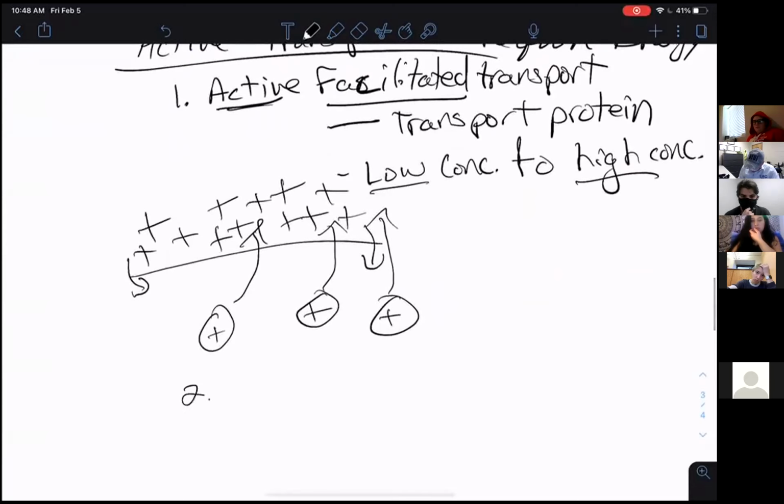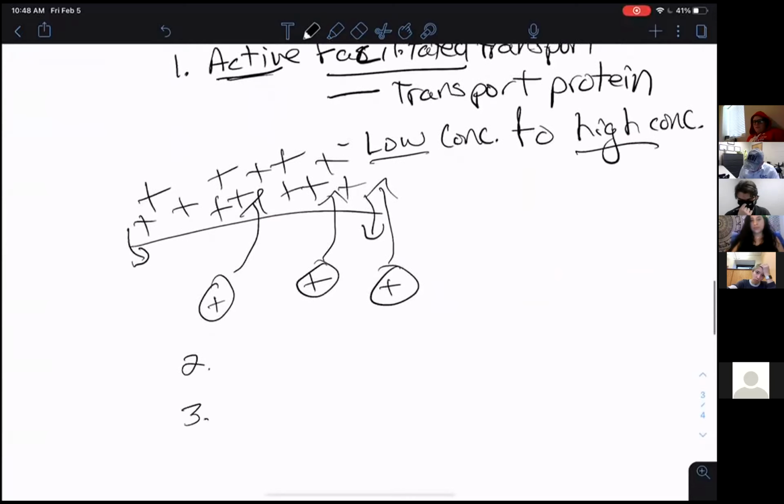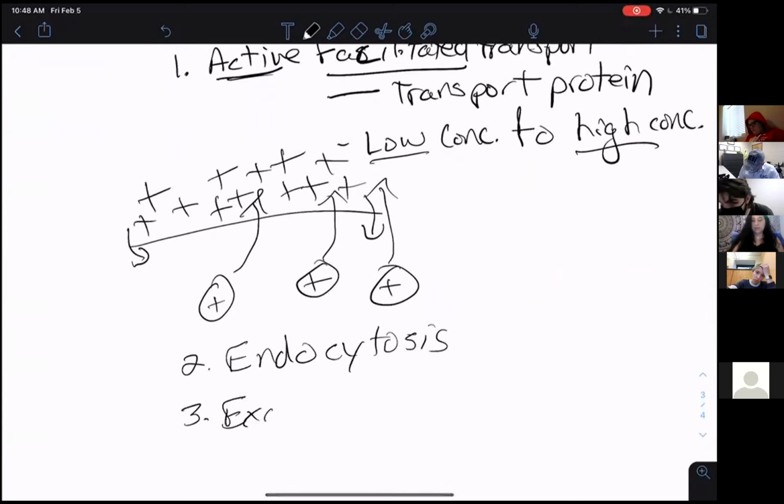There are two other ways, but they're very similar in their process. They're called endocytosis and exocytosis. I've got just 2 minutes to show you an example. These are movements in or out of a cell.